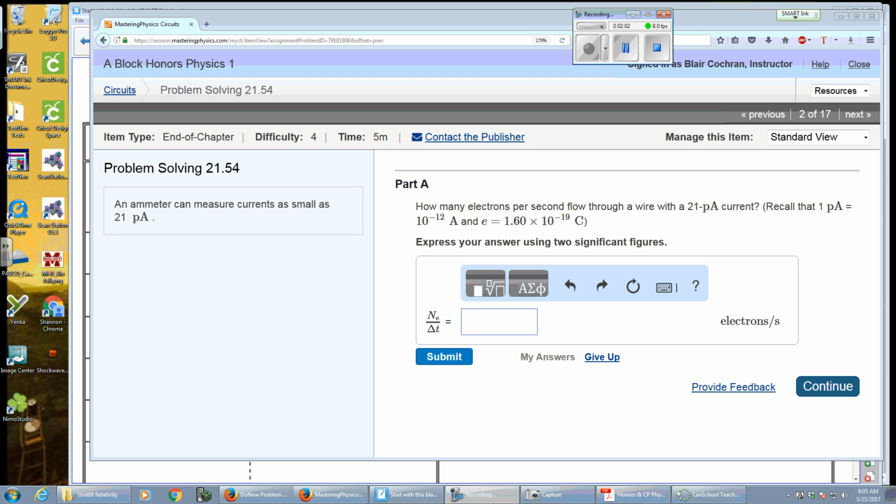All right, and number 2 kind of fits within the theme of number 2 and number 3. This one is, do you know the definition of current? Because it's telling us this 21 picoamps is the smallest current that this meter can read, and how many electrons per second flow through the wire.